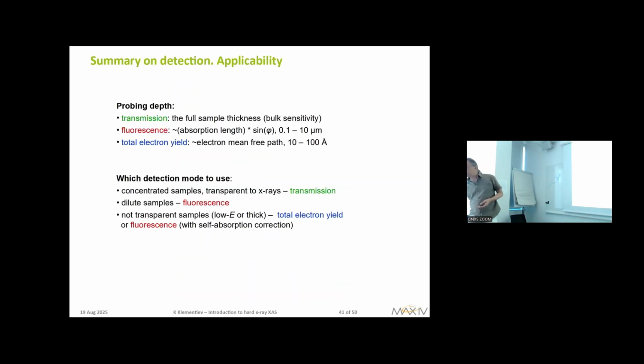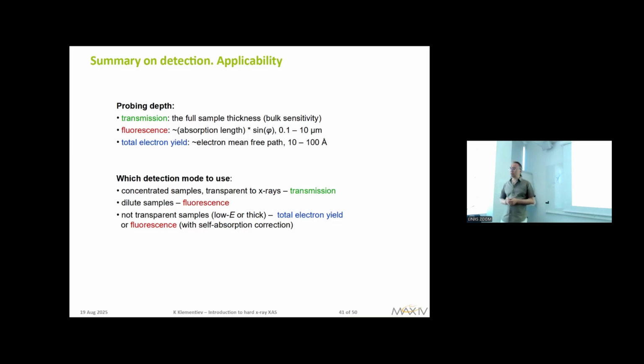It depends on your sample. For bulk samples, simple samples, foils, pressed pellets, we always use transmission. But sometimes your samples are very diluted, some millimolar or sub weight percent, and then you have to do something.